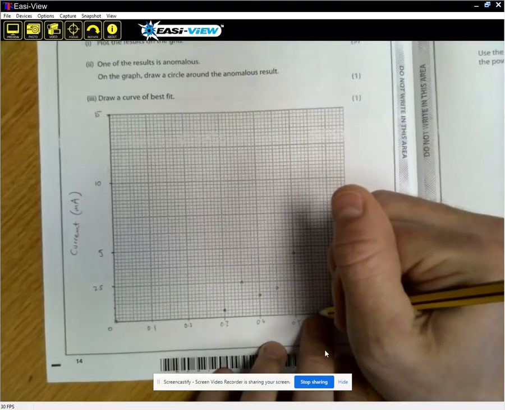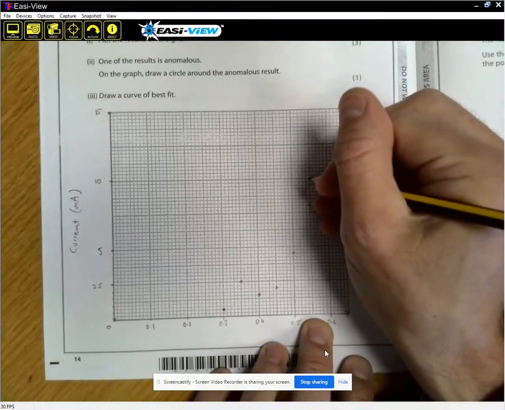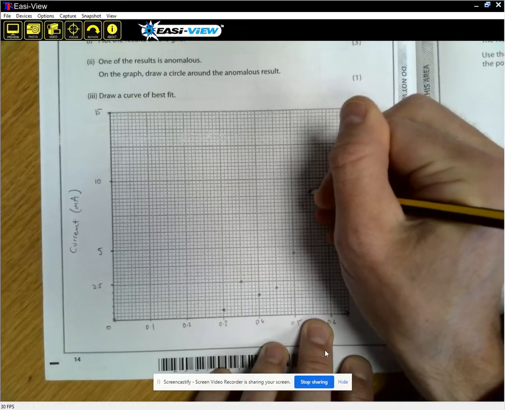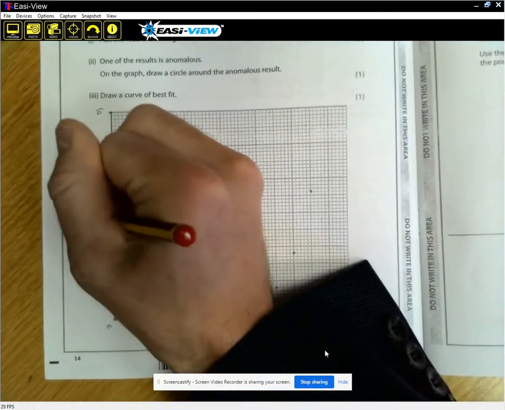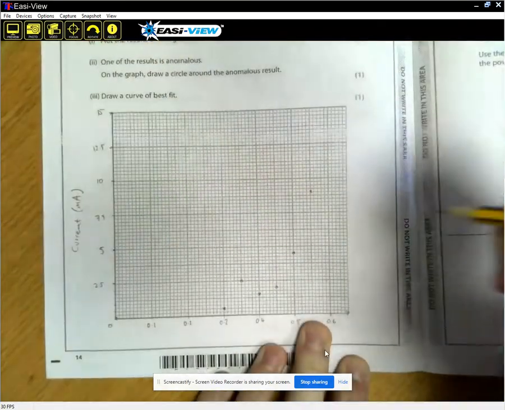Then 0.55 is 9, so that's 4 squares down from the 10. So 4, that's there. And I can mark on that this is 7.5, and I can mark on this is 12.5.